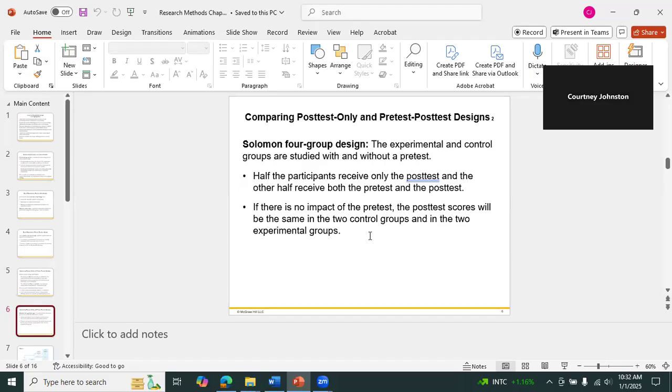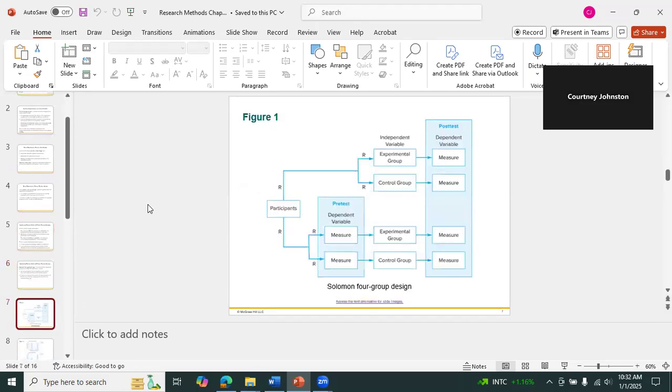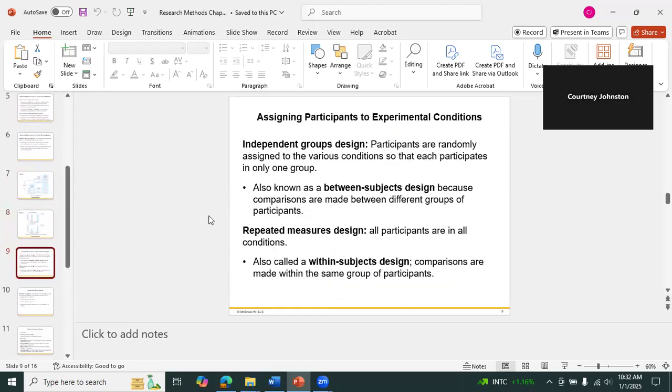So there is this design as well that can be used to ensure that both groups are equivalent. And here's where you can see this as well. And then the examples of outcomes of this four-group design, which you are hoping for.